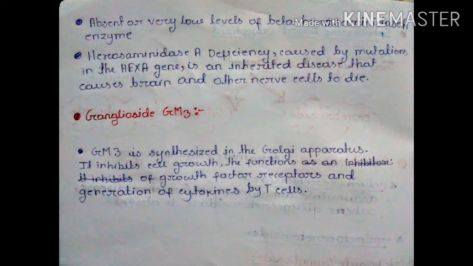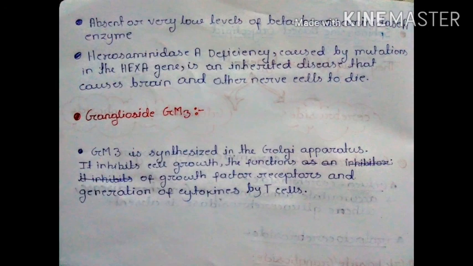Now we discuss the ganglioside GM3. GM3 is synthesized in the Golgi apparatus. It inhibits cell growth, the function of the growth factor receptor, and generation of cytokine by T cells. You have to remember that GM3 ganglioside is associated with the treatment of cancer, because it inhibits cell growth, the function of growth factor receptors, and generation of cytokine by T cells.